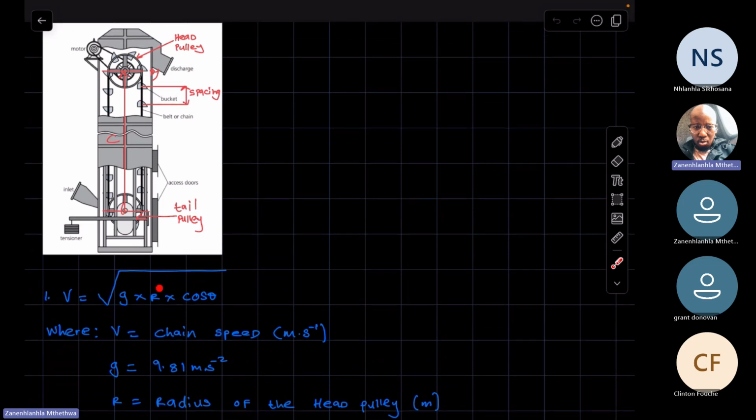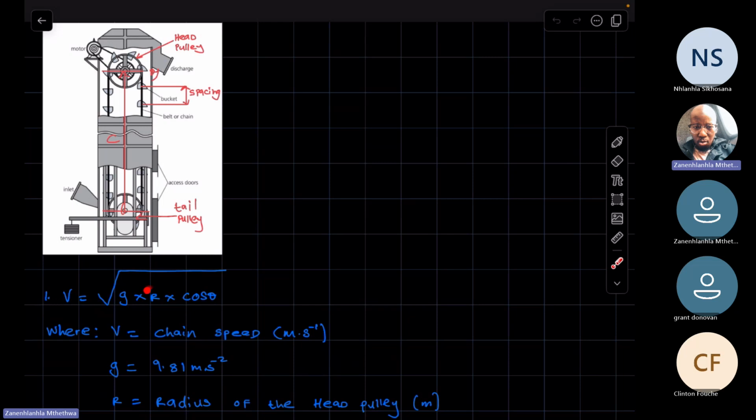Now the diameter of both the tail and head pulley tends to be the same. So whichever R you use here will be the same for either pulley.